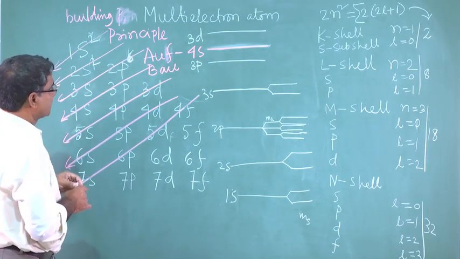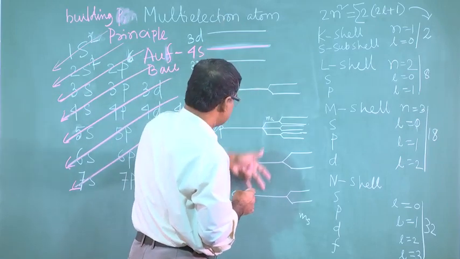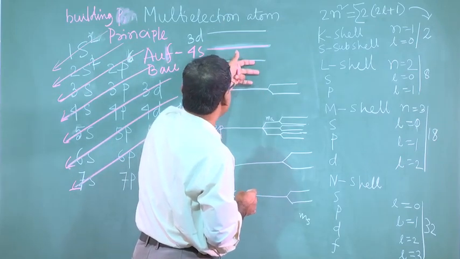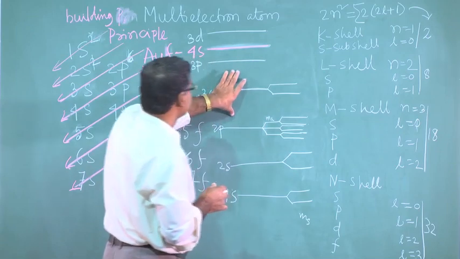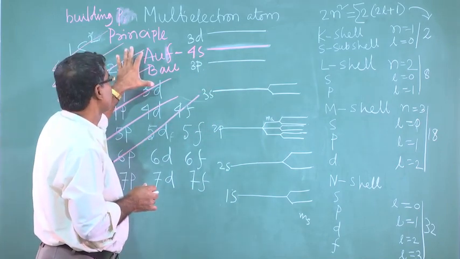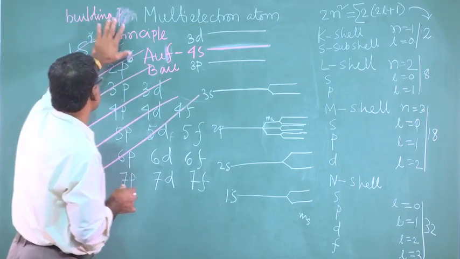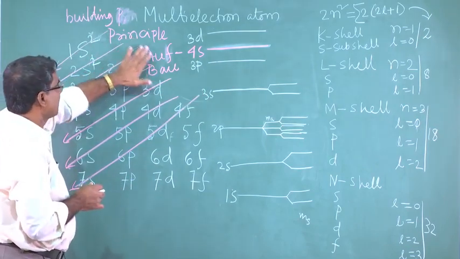So now, following the energy levels, one can put multiple electrons in an atom, okay. And now it is easy if I just follow this building principle, the Aufbau principle.